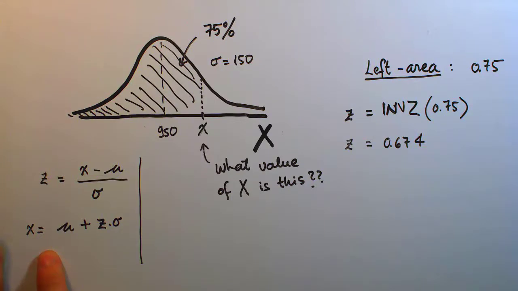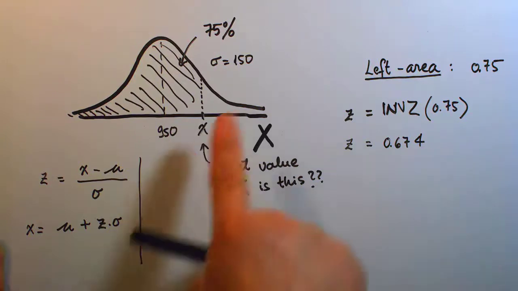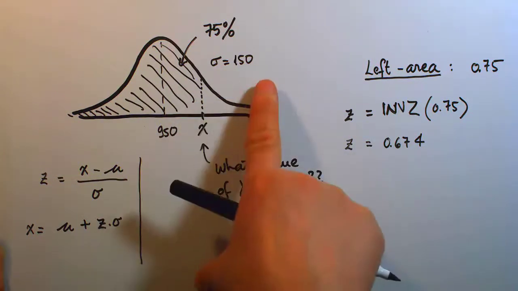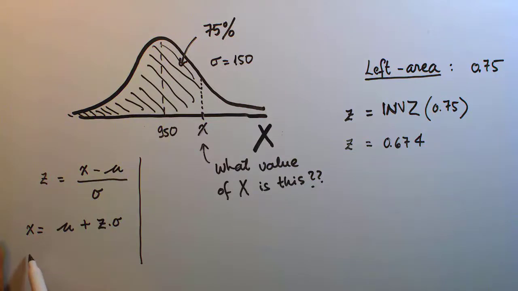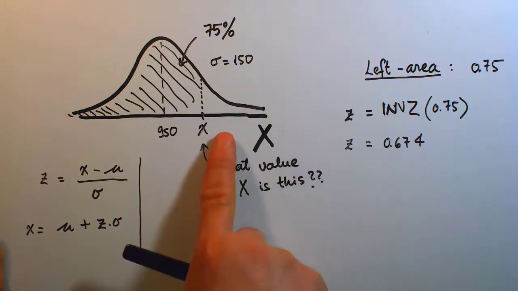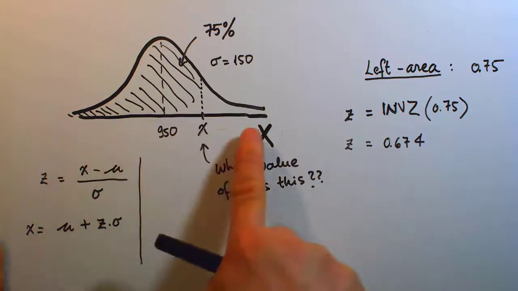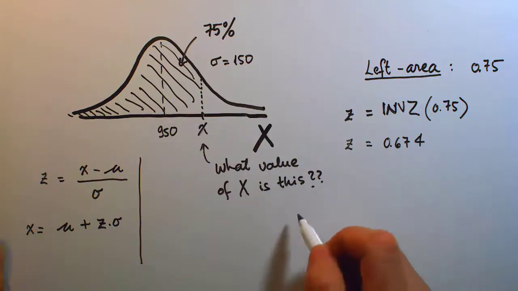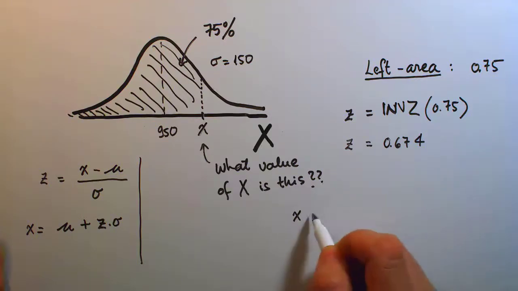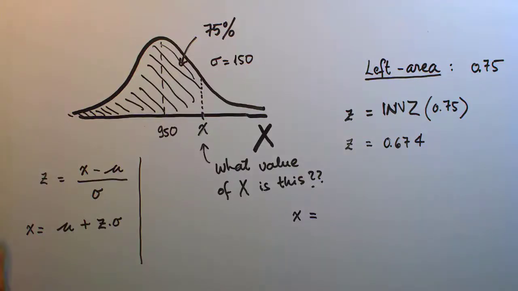However, this formula now has good usefulness. Once we have the Z-score calculated with our known mean and standard deviation, we can calculate our value for x. So our cutoff SAT score is ready to be found here.